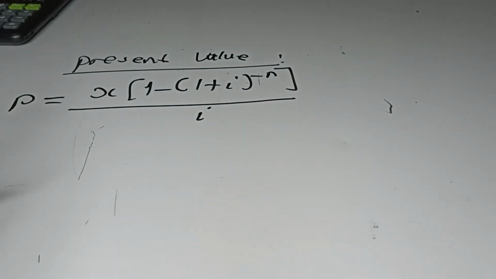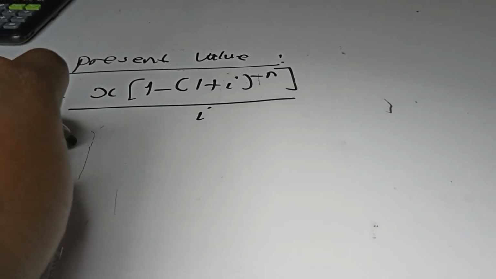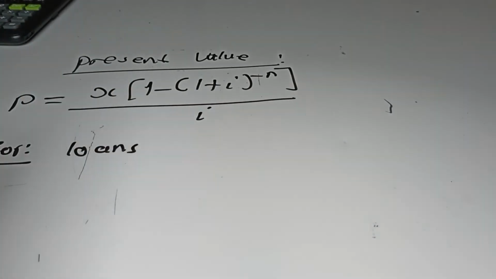So we use this formula for what? Have a look here: dealing with loans. If you have any information in the table dealing with loans, you have to know that this is the present value. Remember, future means that we are investing for the future.